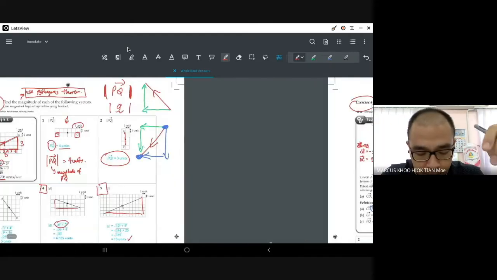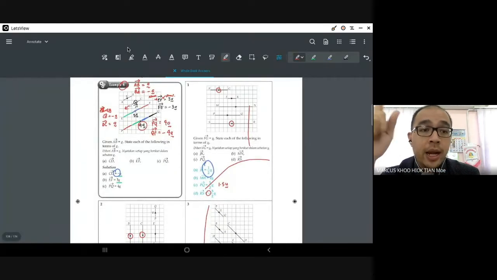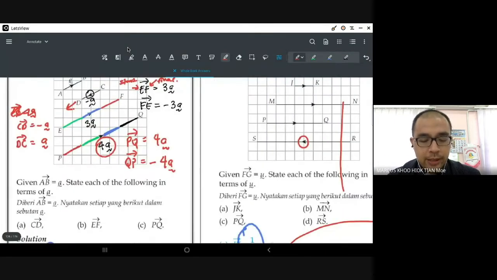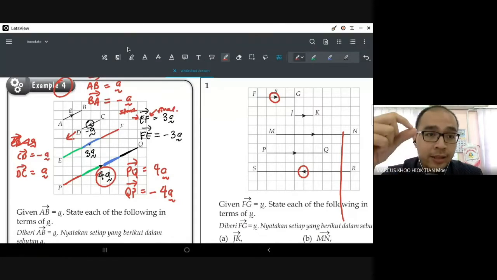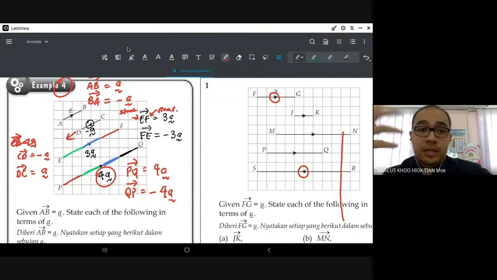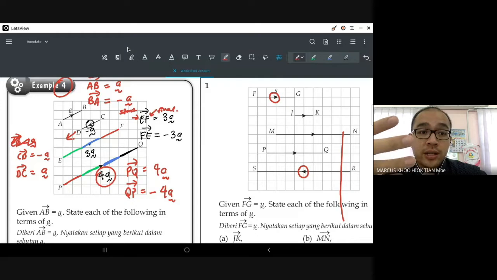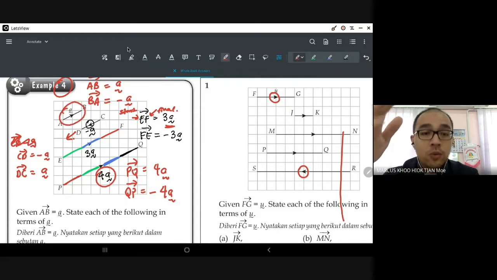The second thing that we studied yesterday was that if I have a vector and I put a number in front, the number tells us how much bigger or smaller it is than the original vector. If it is a number bigger than 1, for example 3, then 3a will be 3 times the original one.